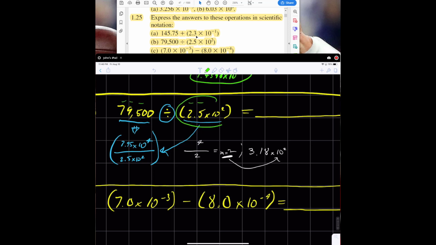So since this number here had only 2 sig figs, that means that our answer has to be converted to 2 significant figures. So we have 3 sig figs here, 1, 2, 3. We need 1, 2. And since we're going to stop at this one, this 8 means that we round the 1 to a 2. So this number becomes 3.2 times 10 to the 2 power. And that's our final answer.